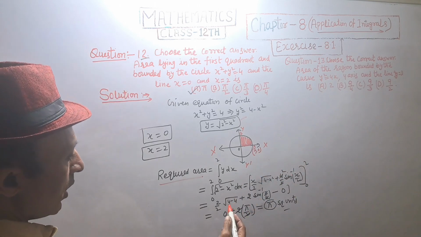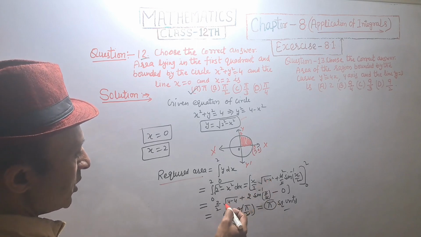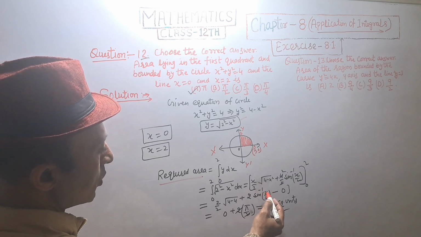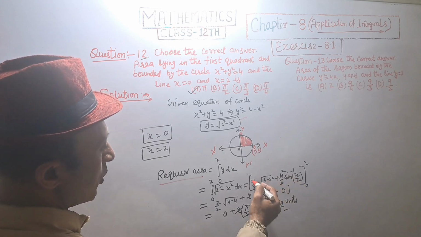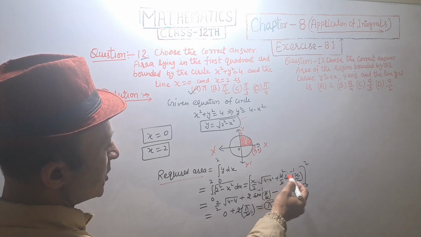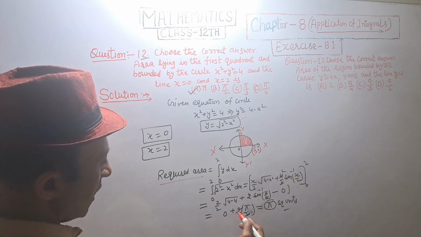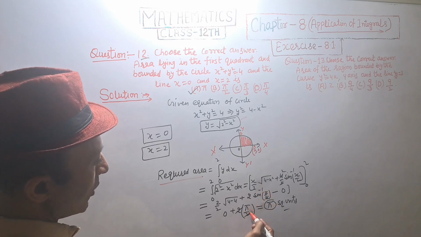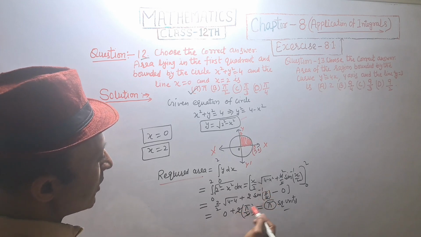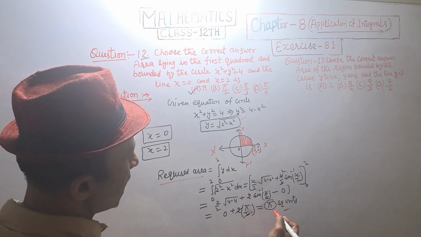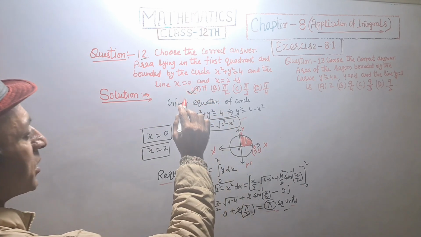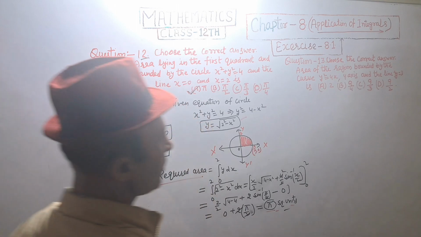We are putting upper limit, that will be 0 plus 2 into sine inverse 2 upon 2, that is equal to 1, minus we are putting 0, then this will be 0 and this will be 0, and we get 0 plus 2 into sine inverse 1 is pi by 2. 2 is cancelled and we get pi square unit. Answer, it's option number A. So option A is correct answer.